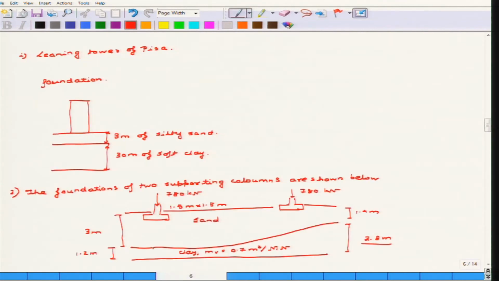That means the stress increase just at the mid height of this layer and just at the mid height of this layer. You have to find out the stress increase below each foundation.